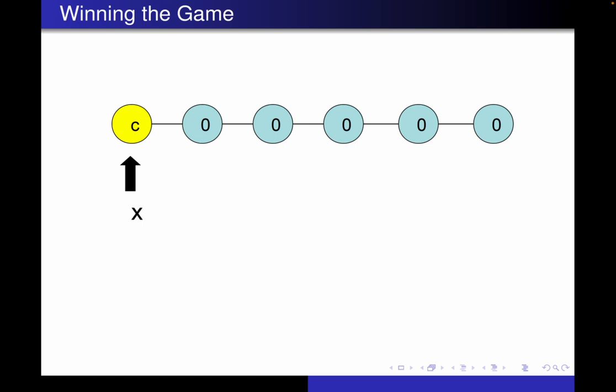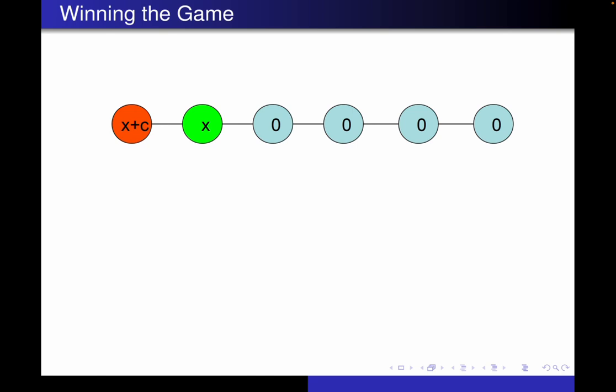So when I do that, the leftmost one gets raised from C to X plus C. It gets increased by X, but also the one to the right of it gets increased by X as well, from 0 to X. Now, I can't hit that leftmost vertex anymore, and I've got to ask myself, how many times will I hit the vertex next to it in order to win the game?